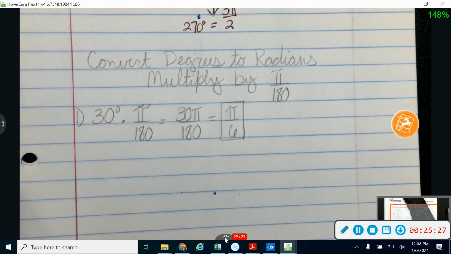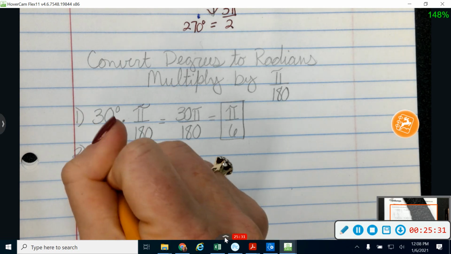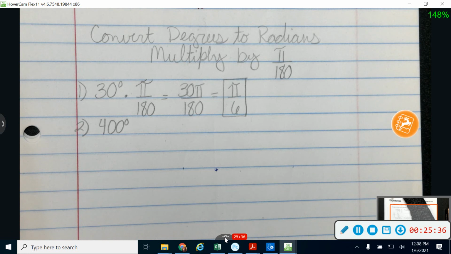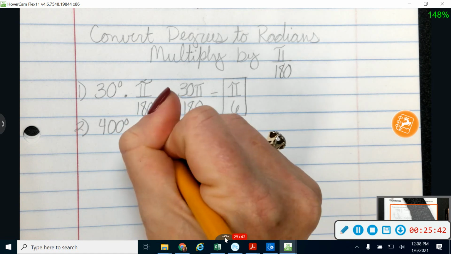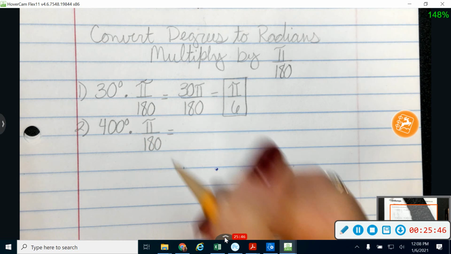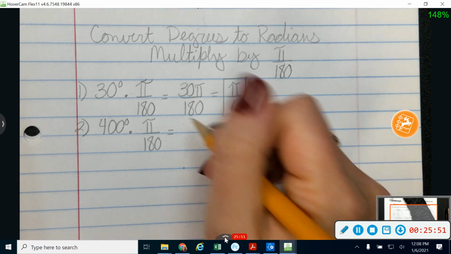All right, let's try one more. Let's do 400 degrees. I want you to see one that's bigger than 360. Bigger than 360 is perfectly fine. I'm going to do the same thing. I'm going to multiply by pi over 180. Top times top.